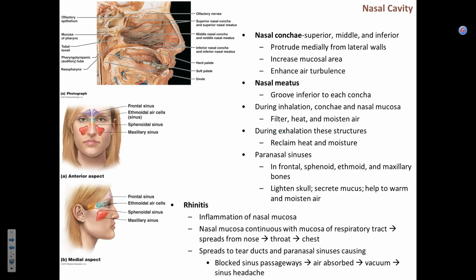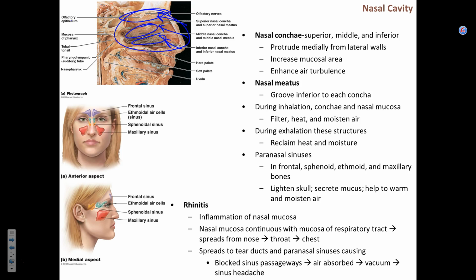So, if you look inside the nasal cavity, that's the actual cadaver picture. You can see nasal conchae, okay? Superior, middle, and inferior nasal conchae. They are all parts of bones.